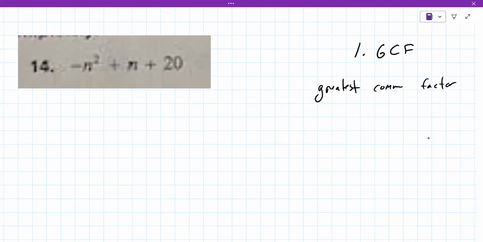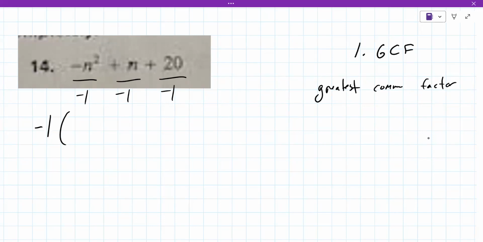It can be as simple as what it is in this problem, which is a -1. Every single one of these can be divided by -1. And you might ask why you would do that, which you can tell me if you do or not, but you just don't want a negative out in front. Okay.